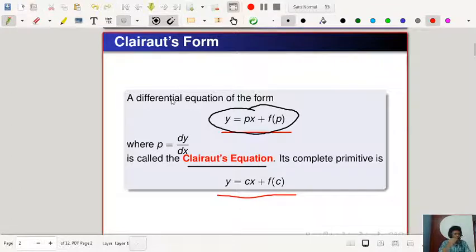Clairaut's equation is one for which the existence of a singular solution is guaranteed.